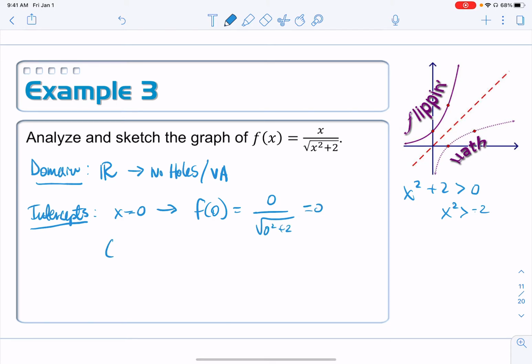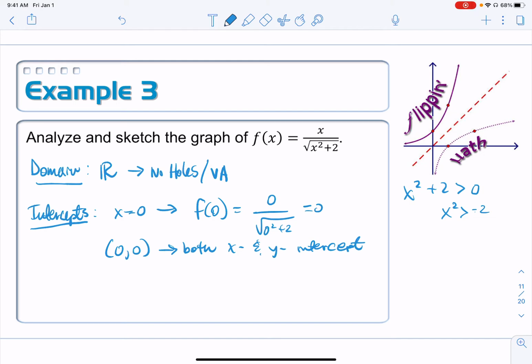We have the point (0, 0). This is both the x and the y-intercept. And it only has one of them. If you have an x-intercept of 0, then your y-intercept is also 0.